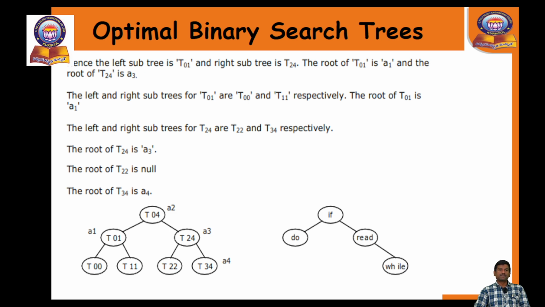And the left and right subtrees of T01 are T00 and T11 respectively. So the root of T01 is equal to A1. So here what you have to understand is this is your R04 value, and this is the R01 value, R24 value, and this is your R34 value.